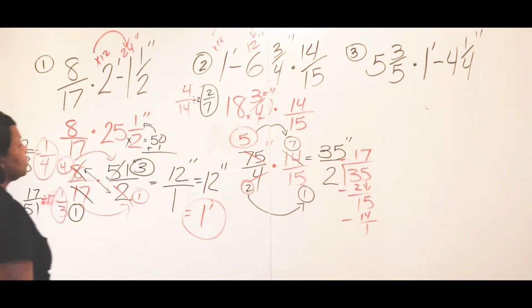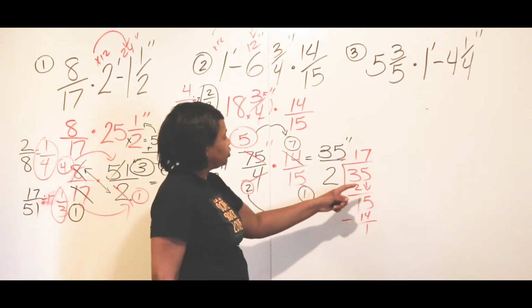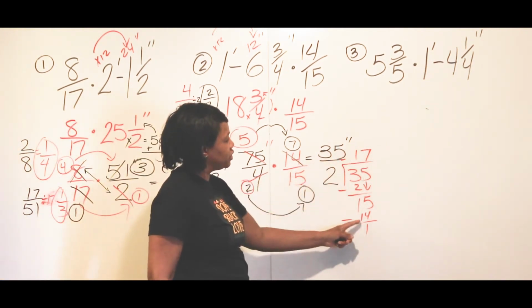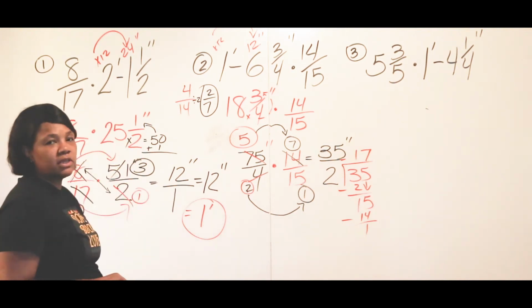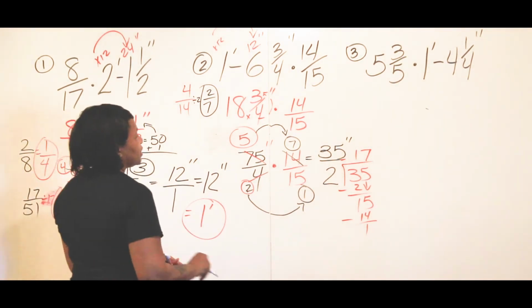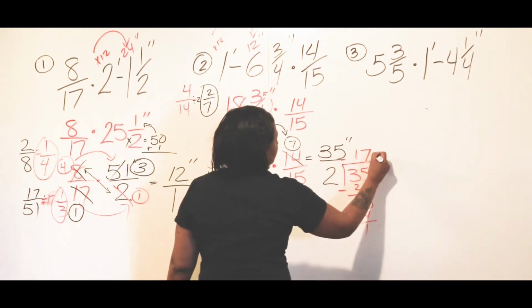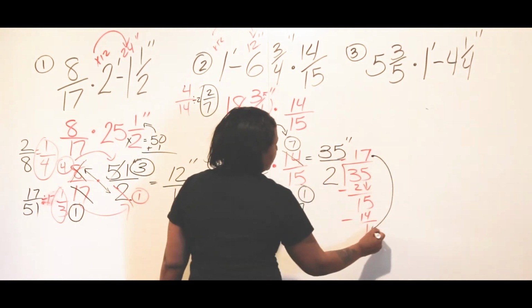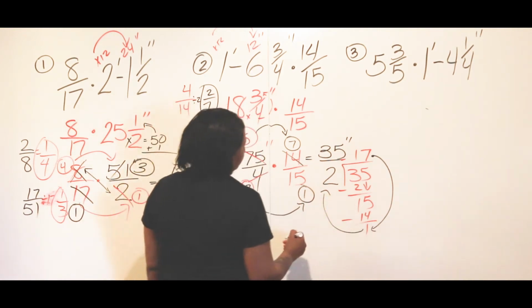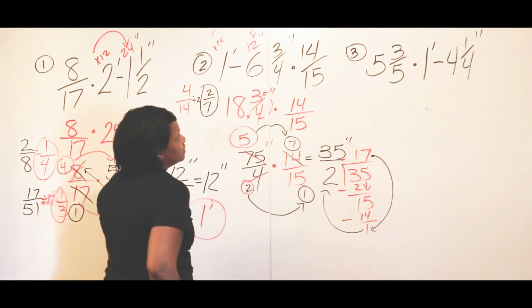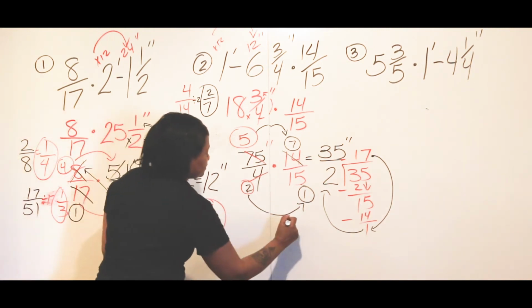So 2 goes into 15 7 times. 2 times 7 is 14. It leaves us with 1. So now this improper fraction just gave us a mixed number. Again, this 17 represents my whole number. Anything left over is a numerator. Denominator stays the same. So now this final answer is 17 1/2.